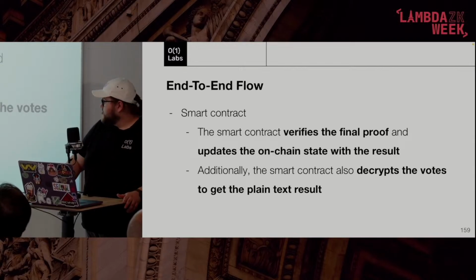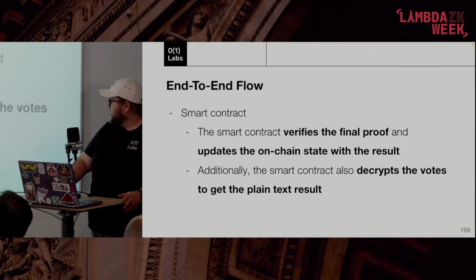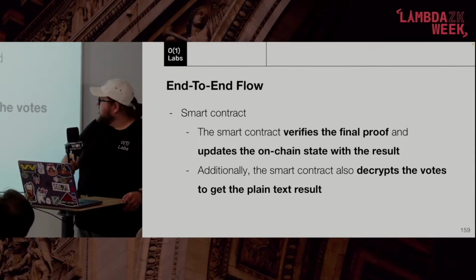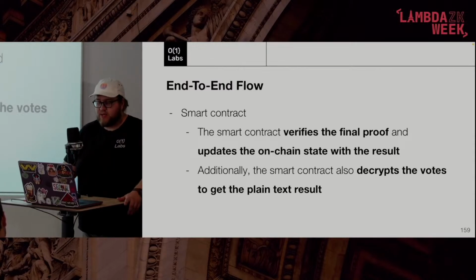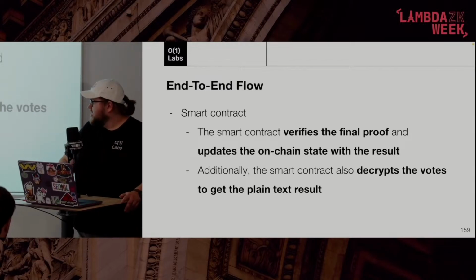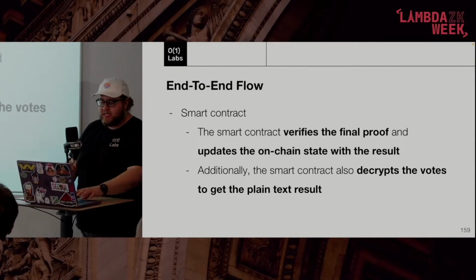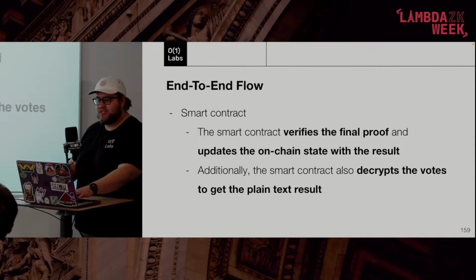The smart contract would then verify the final proof and update the on-chain state with the result. Additionally, at some point, the smart contract would also decrypt the final result, which is still encrypted using the homomorphic encryption scheme that I talked about earlier, update the on-chain state with the plain result, and then invoke some actions about whoever won.